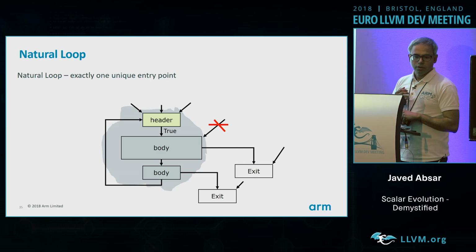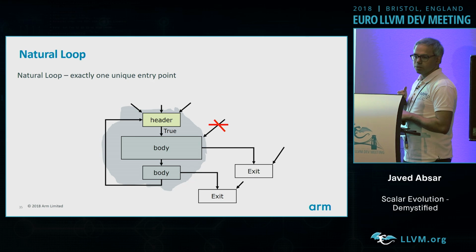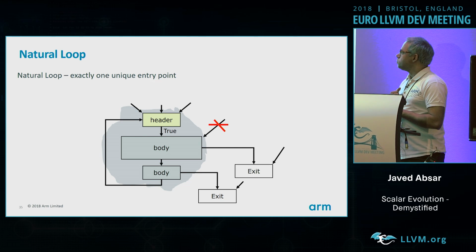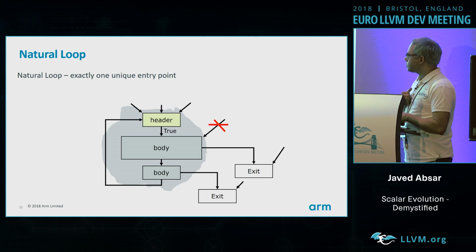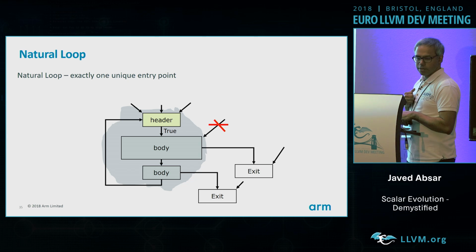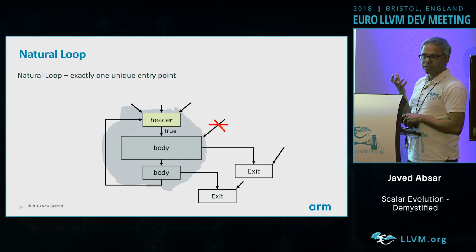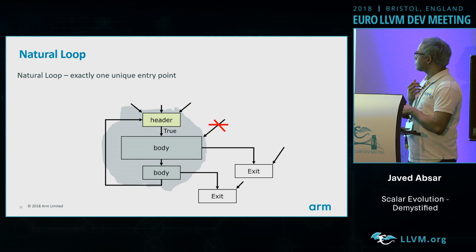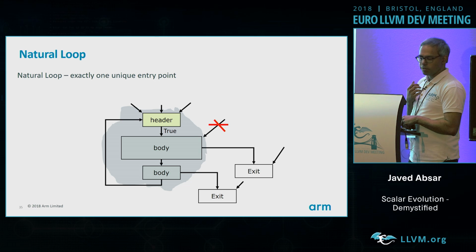But not any loop or every loop: natural loops. Natural loops are those where you have a single entry point and no side entries. If you think about it just a bit, it would be pretty difficult, if not impossible, to calculate a SCEV expression where you could have a path coming from the side, right?